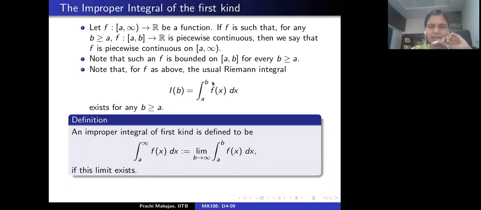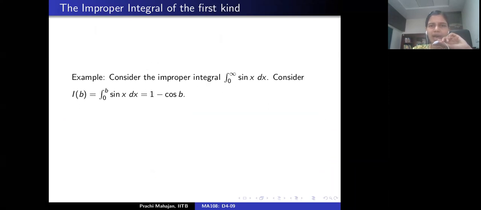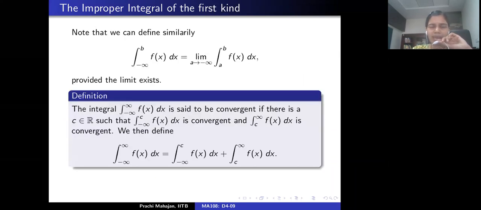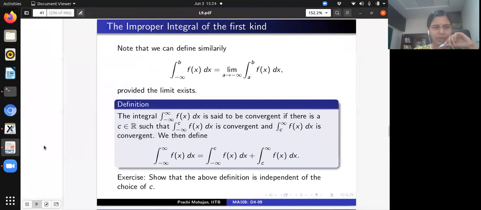If I have an integral from a to b, and a piecewise continuous function f defined on the interval a b, then this is fine. How do we make sense of the integral from a to infinity? And once you have defined this, how do you define an integral from minus infinity to infinity? Things like this. So maybe I'll just stop right here and take your questions.